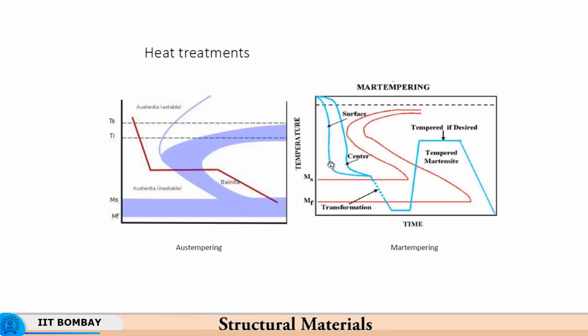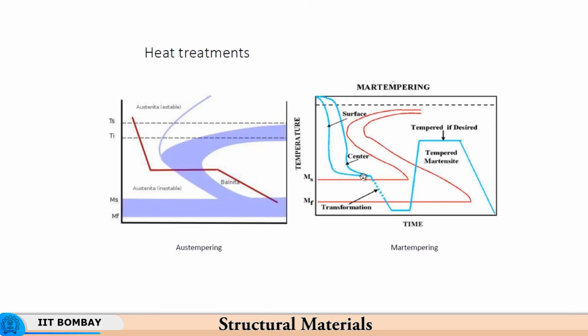Otherwise, if martensite starts forming, then it will involve volume changes, and the temperature difference between the center and the surface will create problems, which I have already described to you earlier. So now once you have equalized the temperature at the surface and the center by this time, then you let it through the martensite start and martensite finish by cooling it relatively slowly.